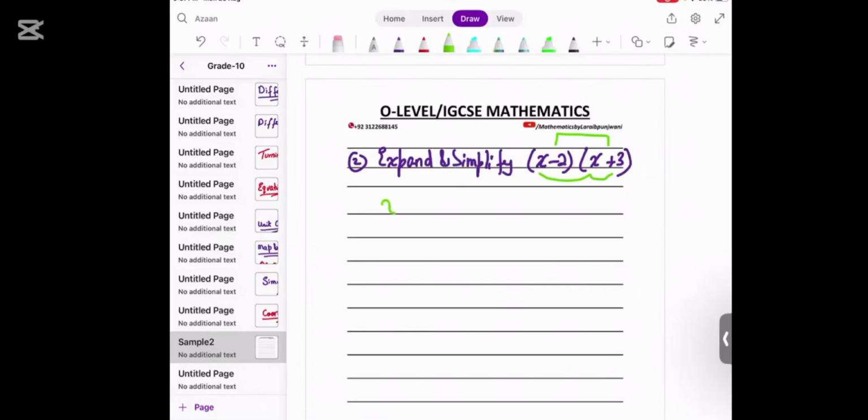X multiplied by x will be x square. X multiplied by 3 will be 3x. Now it's time for negative 2. Negative 2 multiplied by x will be negative 2x. Negative 2 multiplied by positive 3 will be negative 6. We will simplify this, so it becomes positive x because the bigger number's sign will come. So x square plus x minus 6 will be your final answer. Yes, everything is clear? Yeah.